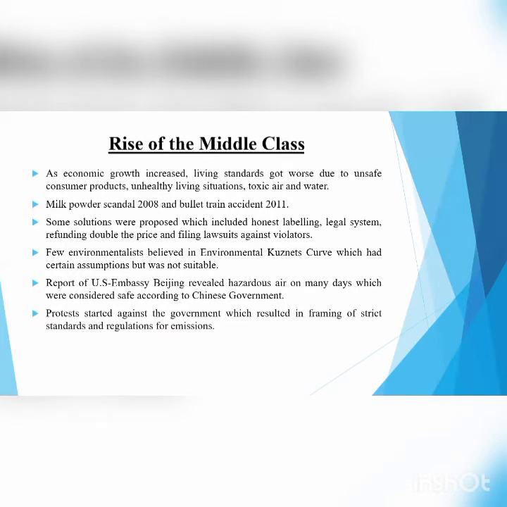So, as economic growth increased, the living standard got worse because of substandard consumer products, unhealthy living situations, more air pollution, and water pollution. Then there was a milk powder scandal, in which it was declared that the milk powder being produced was made from substandard material, which was detrimental to the health of children.